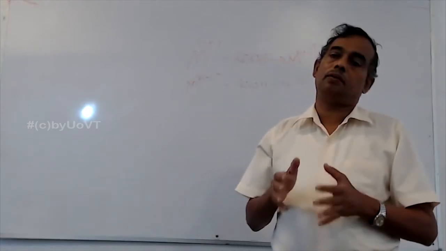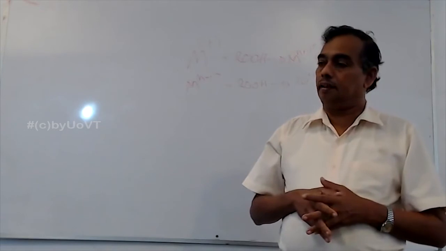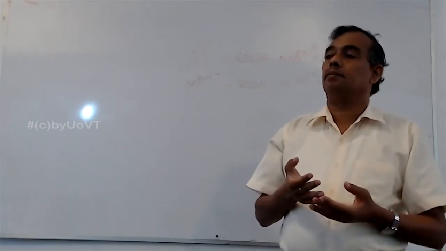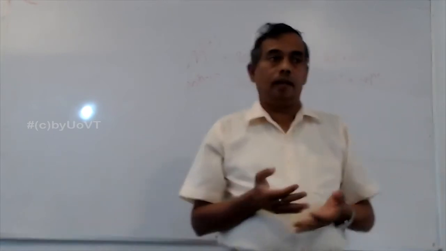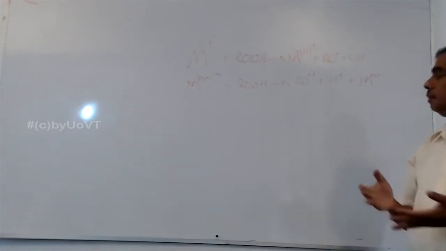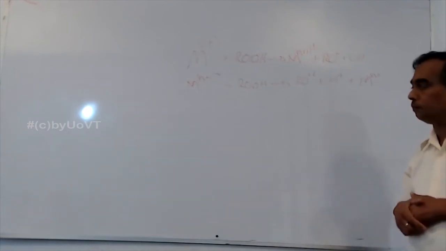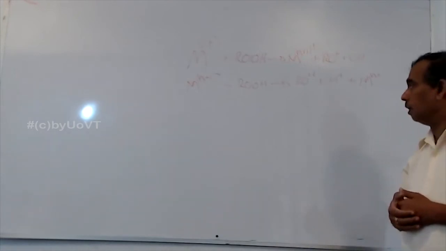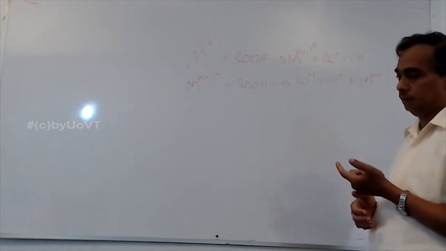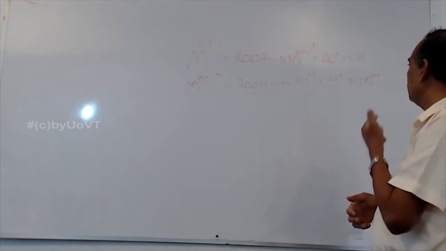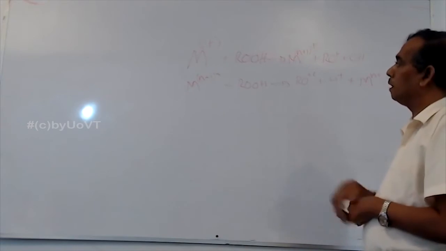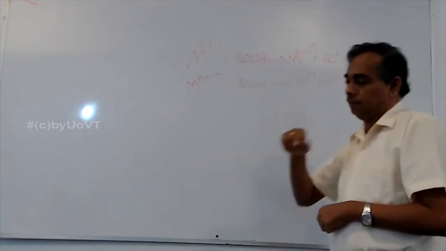Then again that heavy metal ion interacts with a second, fresh peroxide molecule, giving RO2• plus H+, and M^n+, the original one.